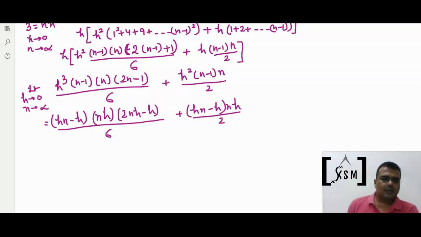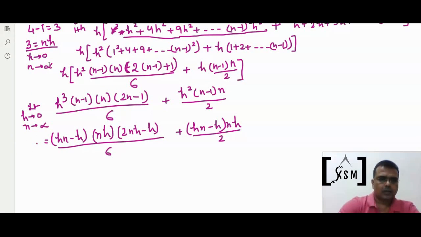And we have learned before nh is equal to 3, right? We have learned in the beginning in the question. Let me show it to you. So you can see here nh is equal to 3, right?